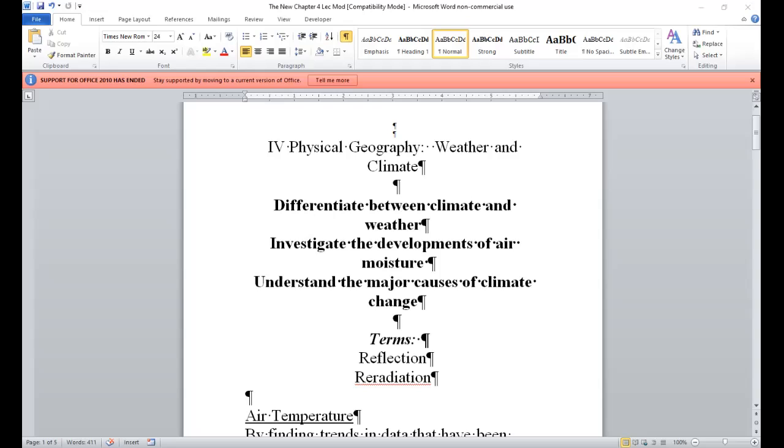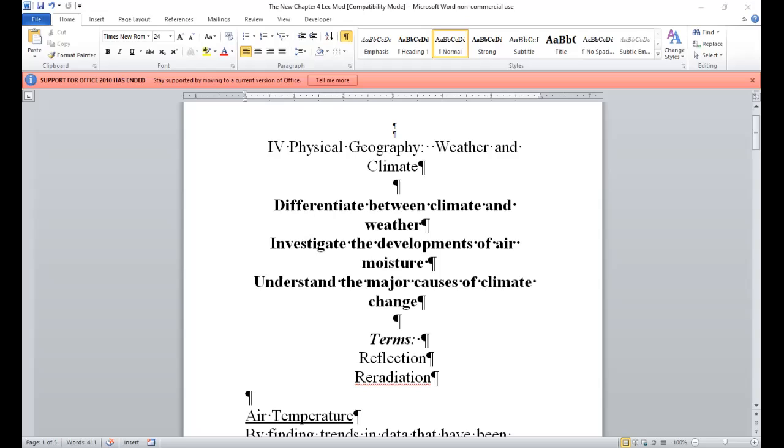So in this chapter, we want to differentiate between climate and weather. We want to investigate the development of air moisture and understand the major causes of climate change. A couple of less than usual heads up terms this week: reflection and re-radiation.